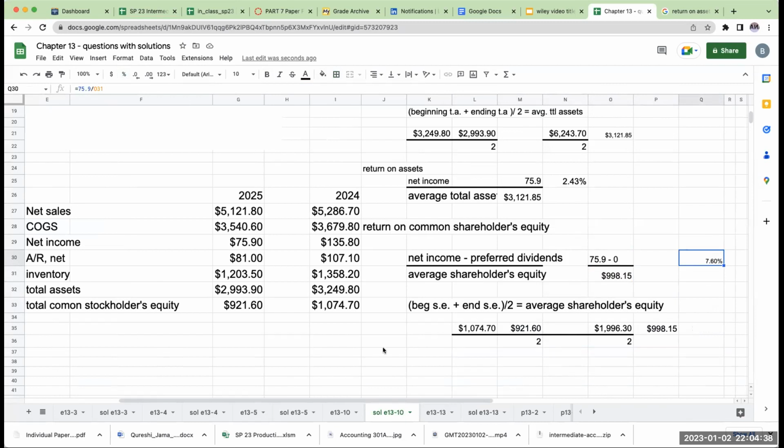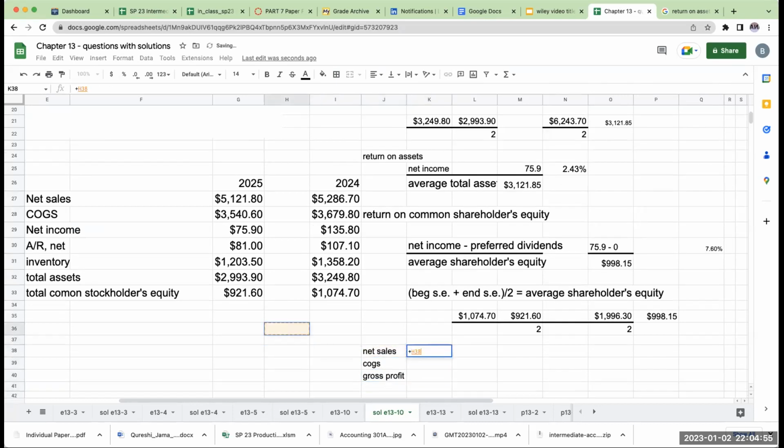My gross profit rate, or my gross margin, the way I like to look at this is you're taking what's gross profit, right? It's my net sales minus my cost of goods sold is my gross profit. Okay, my net sales were 5,121.8. My cost of goods sold is 3,540, 3.5 billion.